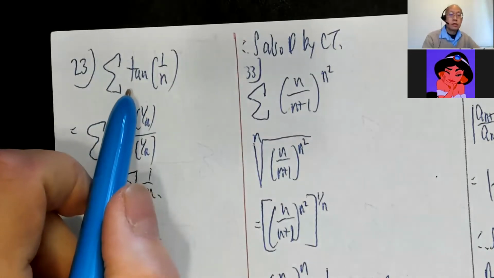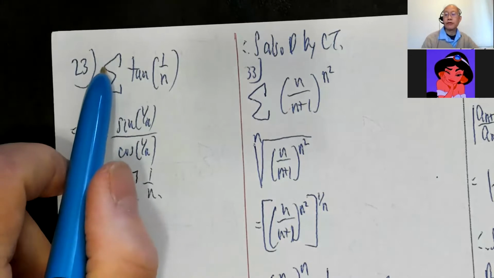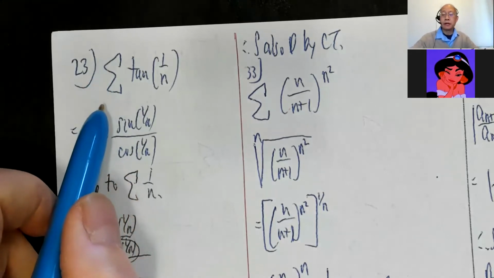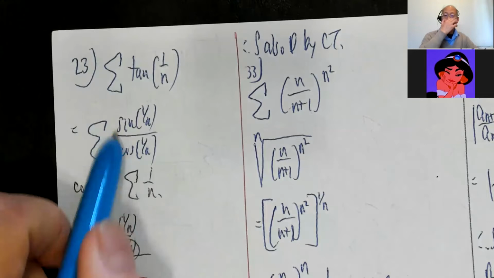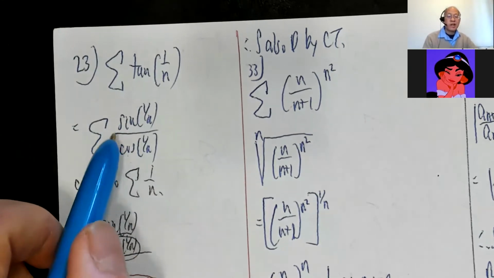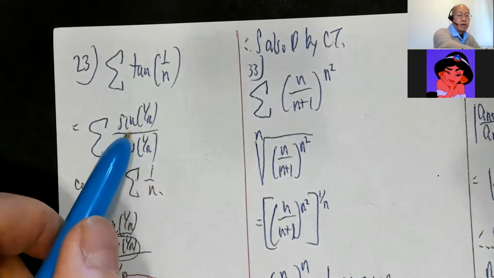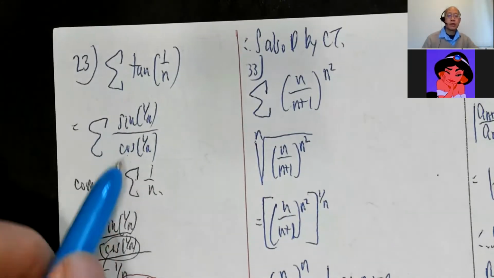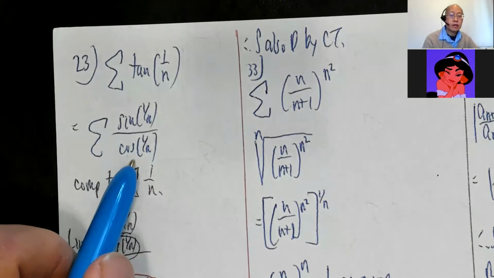All right, so tangent 1/n, notice the lazy notation, not putting the n equals 1 to infinity or whatever, that's okay, depending on circumstance. All right, so tangent is sine over cosine, so sine 1/n, cosine 1/n. Okay, now, we looked at this before, sine of 1/n, we compared it to 1/n. How about cosine 1/n? Remember, n is going to infinity.